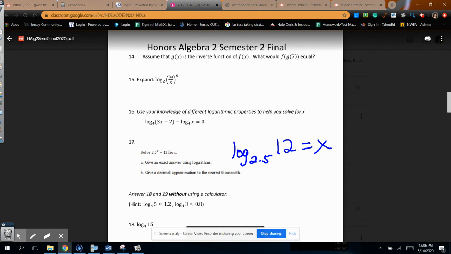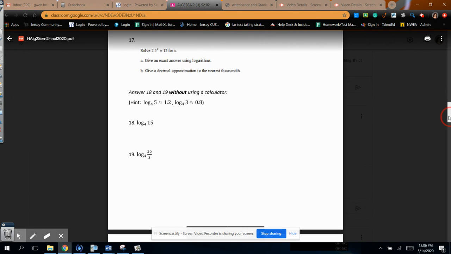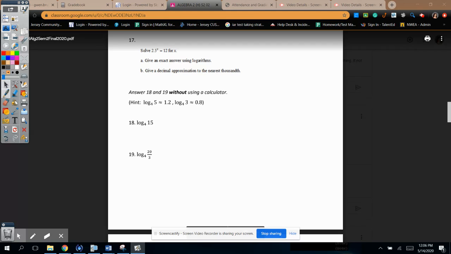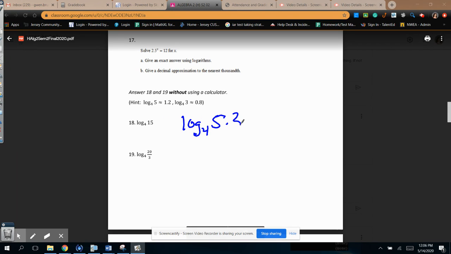3 decimals. Okay, without using a calculator means you're going to use multiply, divide, and exponents to change these to fun facts. So this will be log base 4 of 5 times 3, which is log base 4 of 5 plus log base 4 of 3, because multiplication becomes addition, which will be 1.2 plus 0.8. That was the first thing we did when we went to e-learning, this test, I remember.